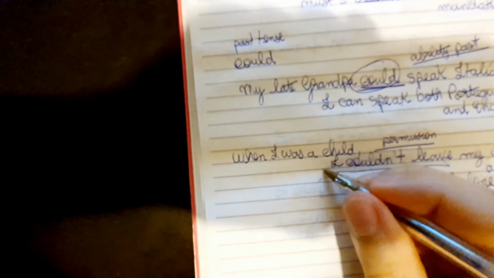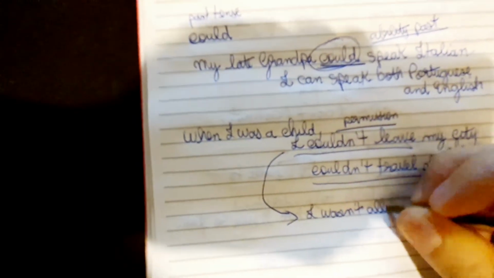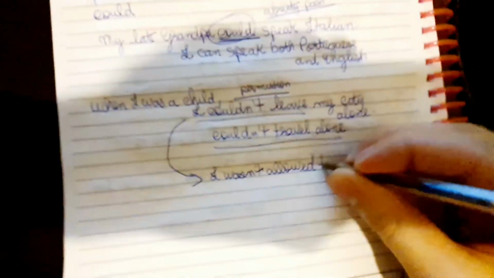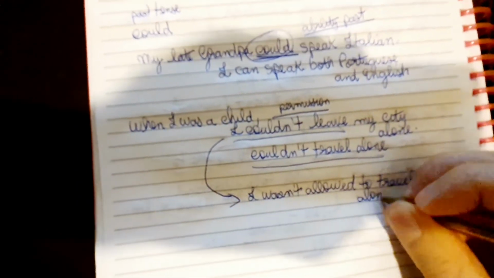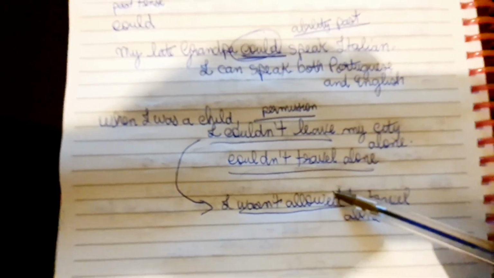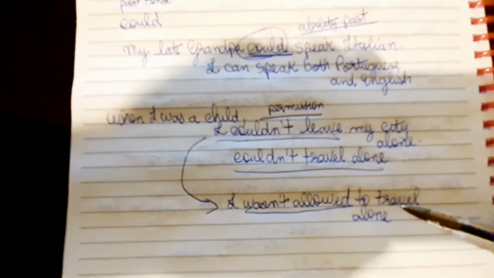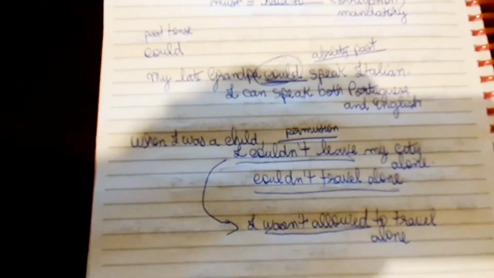So I couldn't leave my city. It means that I wasn't allowed to travel alone. I wasn't allowed, right? Allow, permission, okay? I wasn't permitted, I wasn't allowed to travel alone, okay?